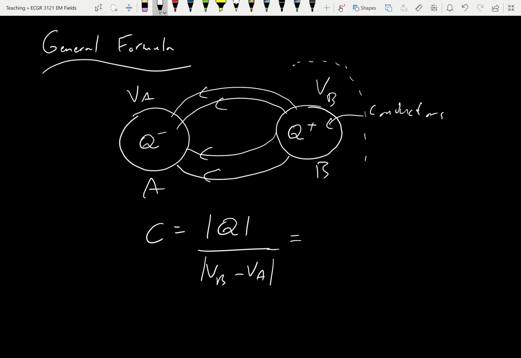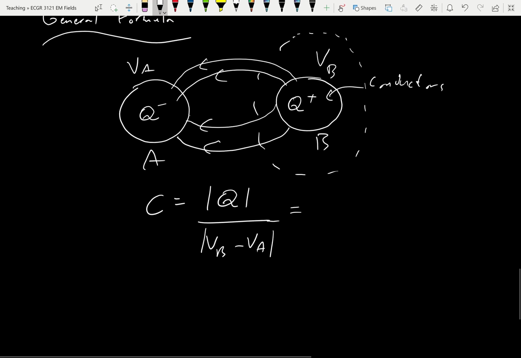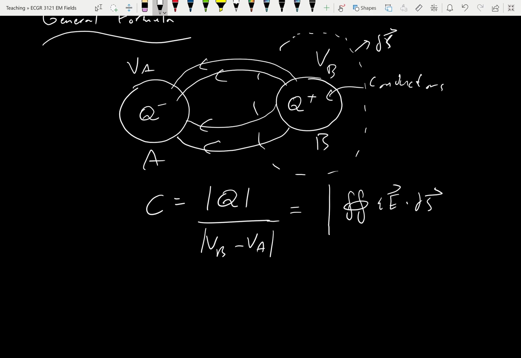So I can draw this Gaussian surface, and then I can say Q is just the surface integral of epsilon E dot ds, right? This is ds.